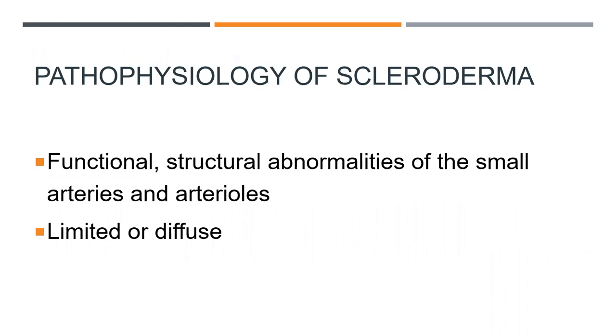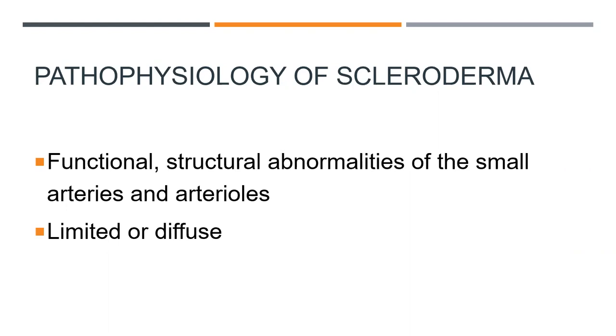We really don't know what causes scleroderma to start, but once it starts, it's very difficult for us to treat successfully, and it's very difficult to get it to go completely into remission. Scleroderma and systemic sclerosis affect women 3 to 4 times more often than men.